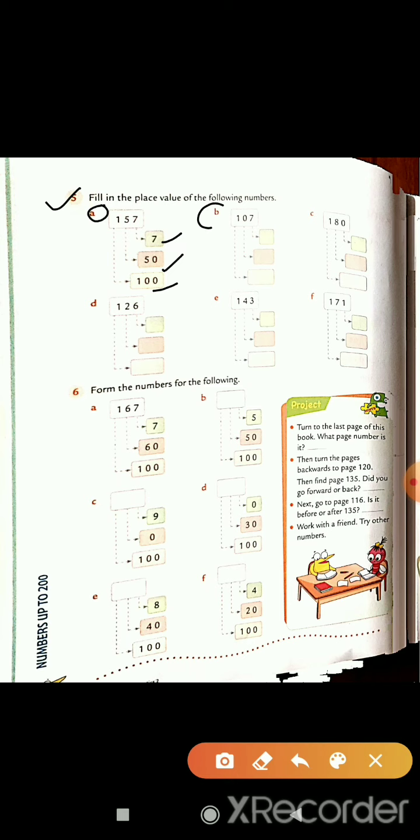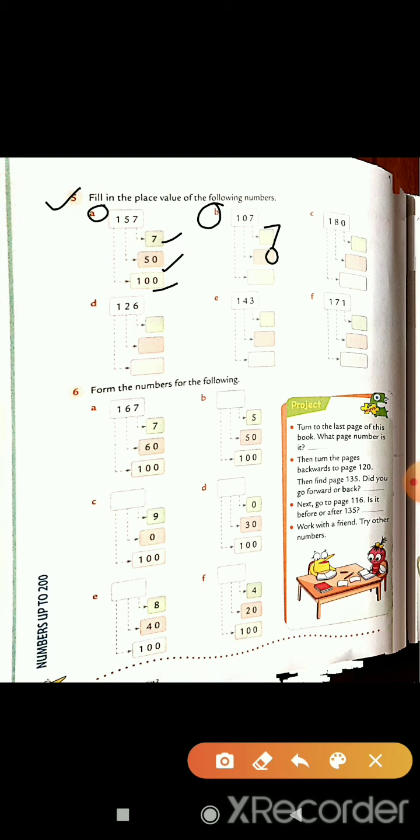Similarly, B. The number is 107. 7 is at the ones place, so its place value will be 7. 0 is at tens place, so its place value will be 0. Remember, wherever 0 is there, whether it is at the ones place, tens place or hundreds place, its place value will always be 0.